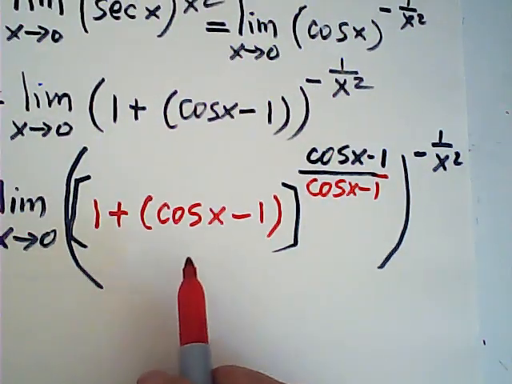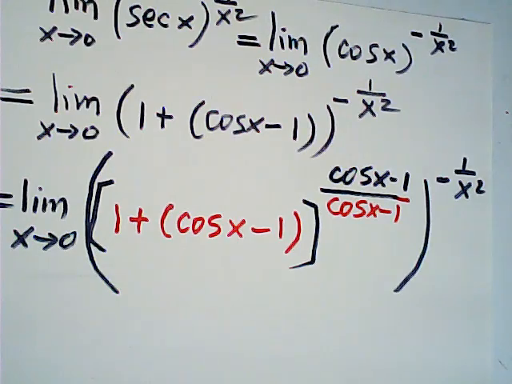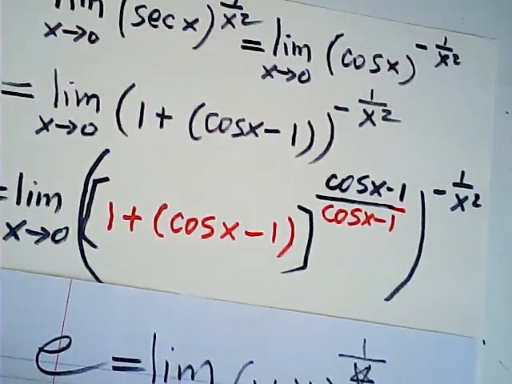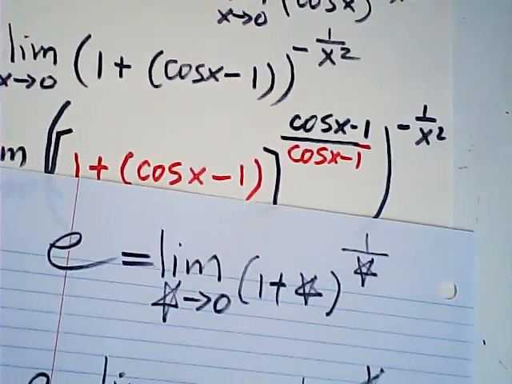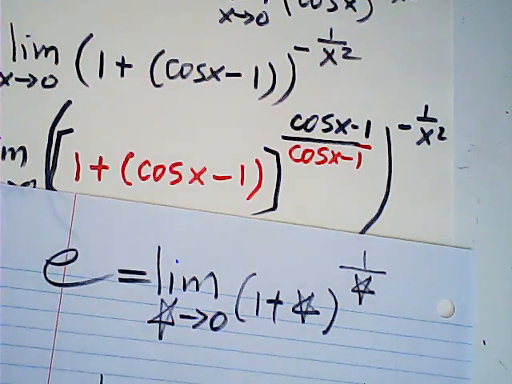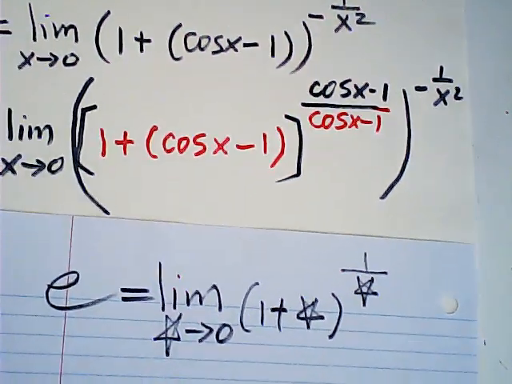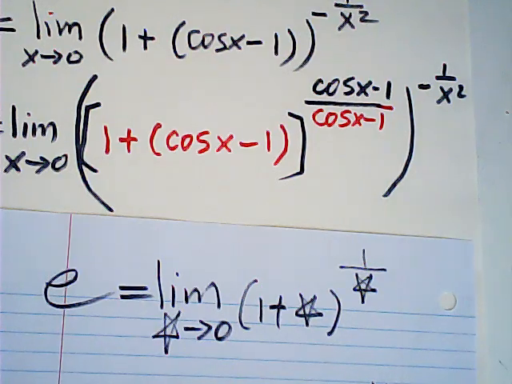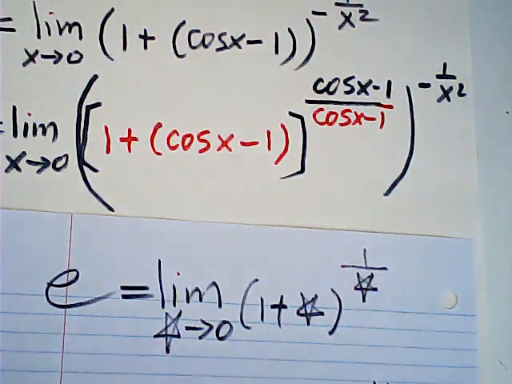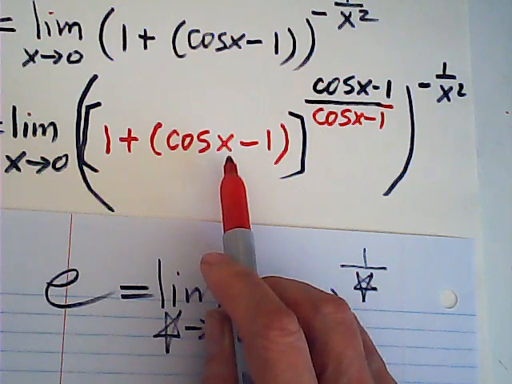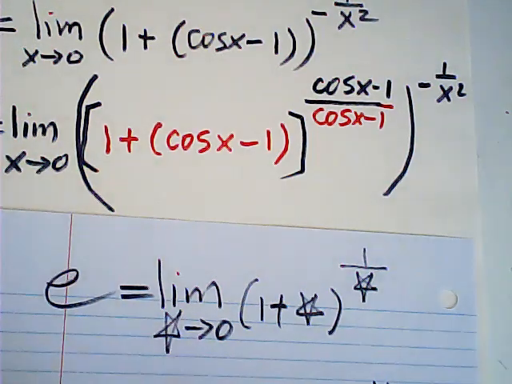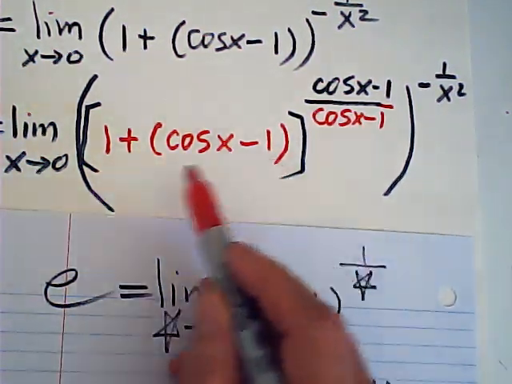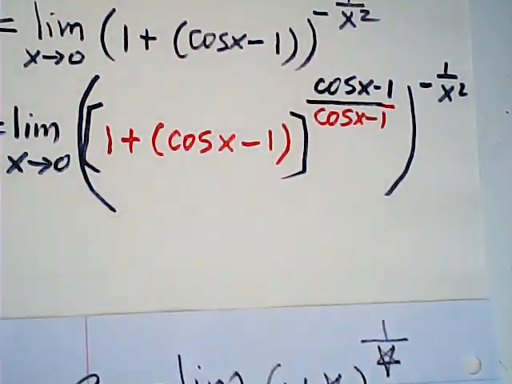And the red one is my star. The red one is my star. Therefore, it's equal to e. You know why? Because when x goes to 0, cosine x minus 1 is going to 0. So this one goes to 0.